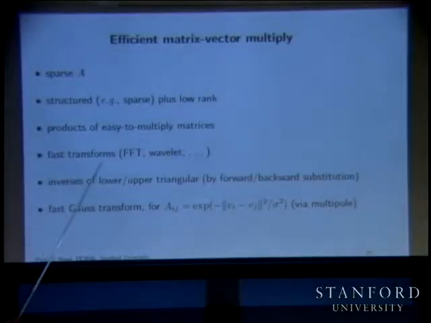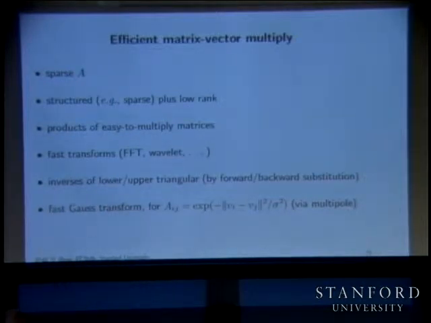If you have products of easy to multiply matrices, that works. Fast transforms come up. So FFT, wavelet, DCT, these types of things. Things like fast Gauss transform, that actually is with A looking like this, and you do this via multipole methods. This is actually an extremely interesting one.